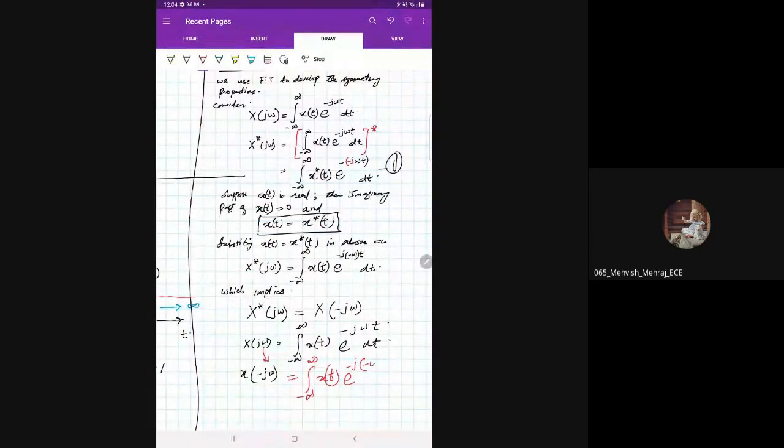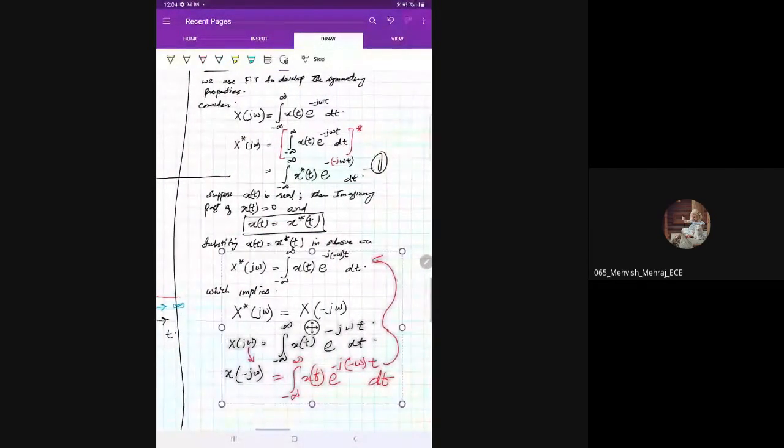Instead of omega you have to write minus omega, of t dt, and that would resemble this equation. So that is why I said x conjugate of j omega is equal to x of minus j omega.